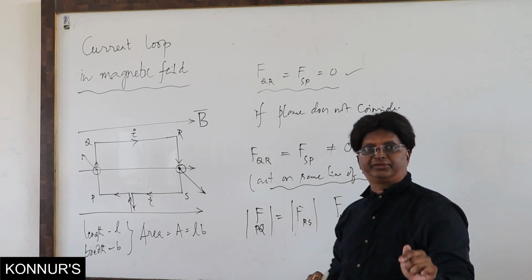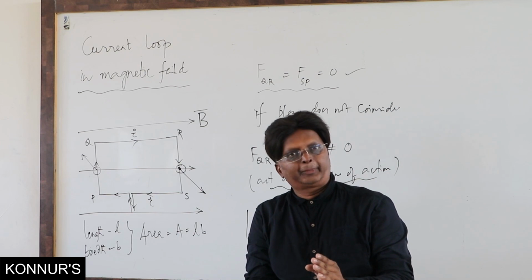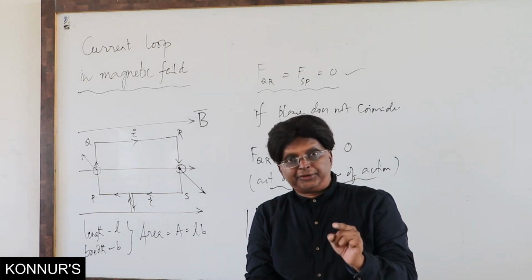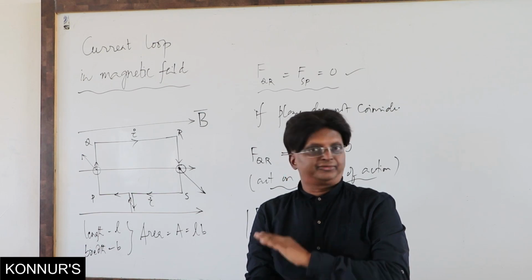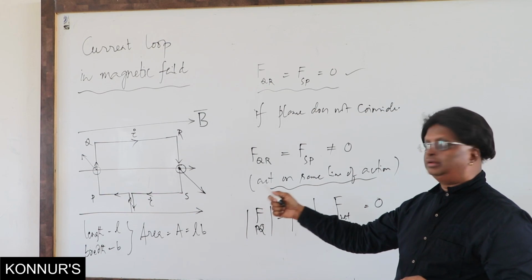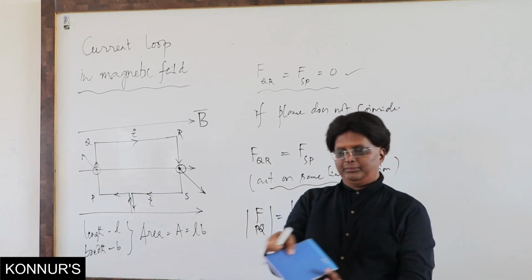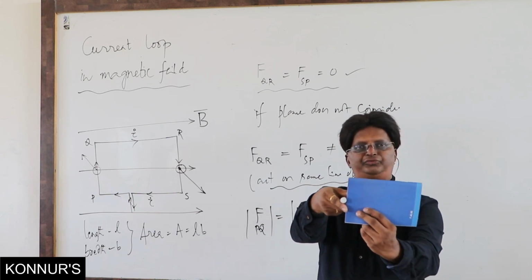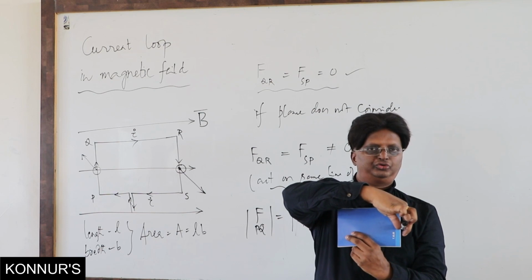Since net force is 0, no question of any translatory motion, right? So a current loop placed in an external uniform magnetic field has no translatory motion. But now look here, these two are equal, opposite, along different lines of action. How? Because one force is into the plane of the board, the other is towards you, outward.